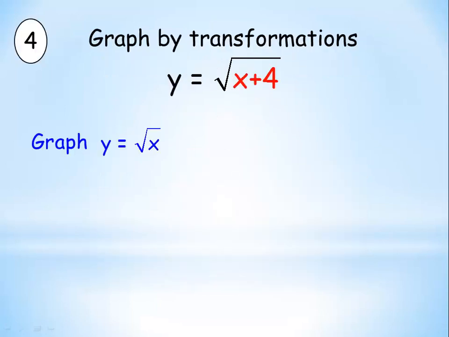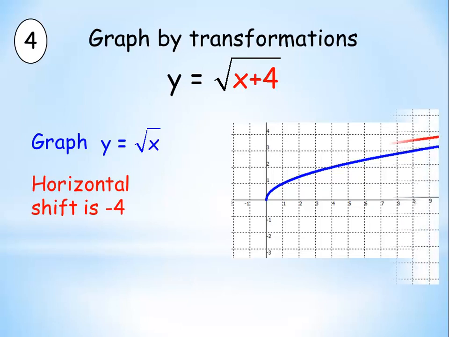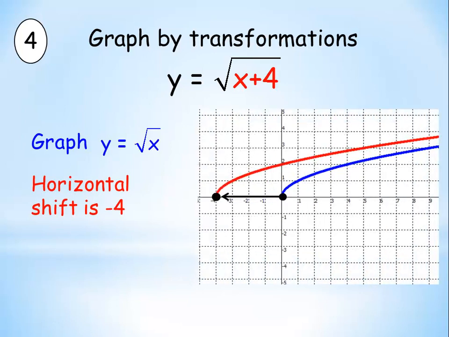Now let's graph y equals the square root of (x plus 4). We begin with the parent graph and perform the horizontal shift of -4. And so we have the new endpoint, (-4, 0).